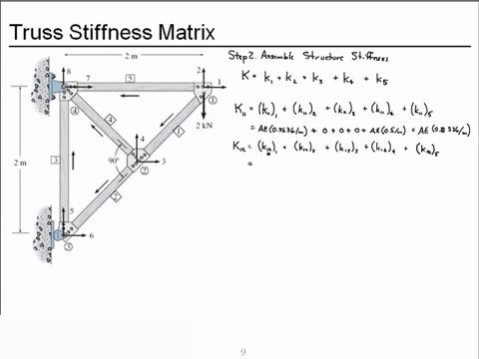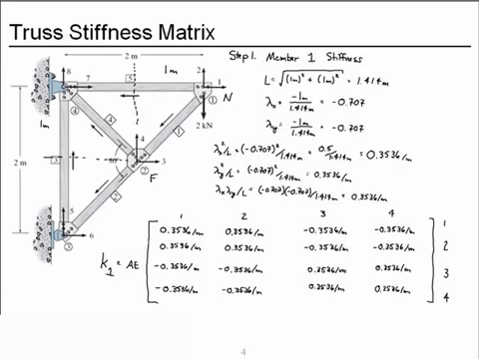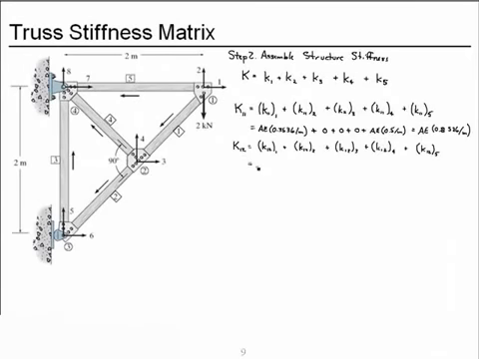First, member 1. Coefficient 1, 2 refers to the degree of freedom of the force, that is the row, and then the degree of freedom of the deformation, that is the column. So our coefficient is 0.3536 times AE.